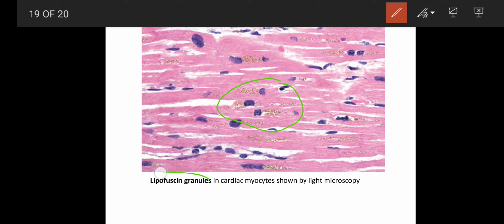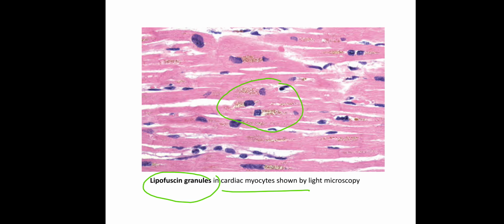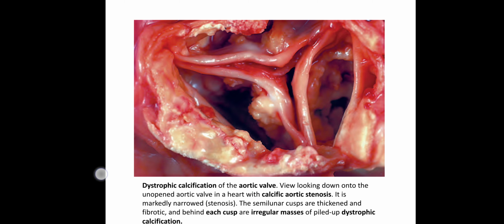These are called lipofuscin granules, and I have already explained that lipofuscin granules are a product of lipid peroxidation, and they are a telltale sign of free radical injury. Again, an important MCQ, and these are classically seen in the heart. We also call it the brown atrophy of the heart, seen in aging patients or in patients suffering from cancer cachexia.